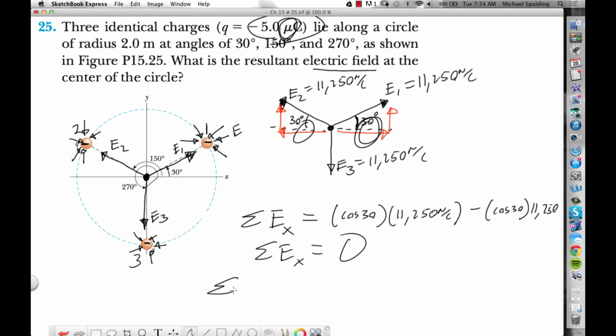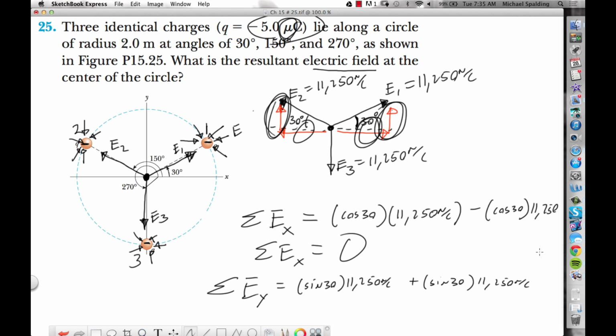Then you go to the Y direction and sum your electric fields in Y. You have 3 Y components. This is just vectors, it goes back to chapter 3. So you go sine 30 times 11,250 plus sine 30 times 11,250, because there are 2 of them, you have this guy and this guy. Then minus 11,250, which is this guy. And that all adds up to 0. So what's the X electric field? 0. What's the Y electric field? 0.